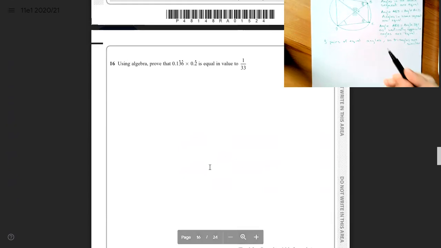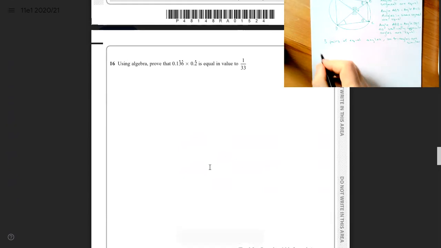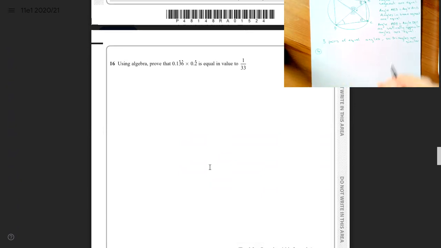Question 16. Use algebra to prove that 0.136, where the 36 recurs, times 0.2 recurring is equal to 1 over 33. So if I let x equal 0.1363636, let's move this 1 over. 10x equals 1.3636.